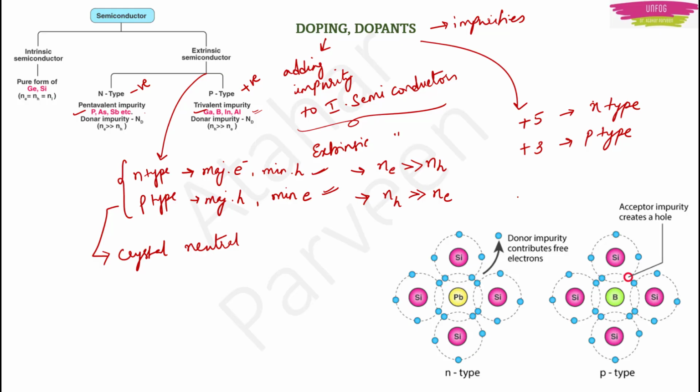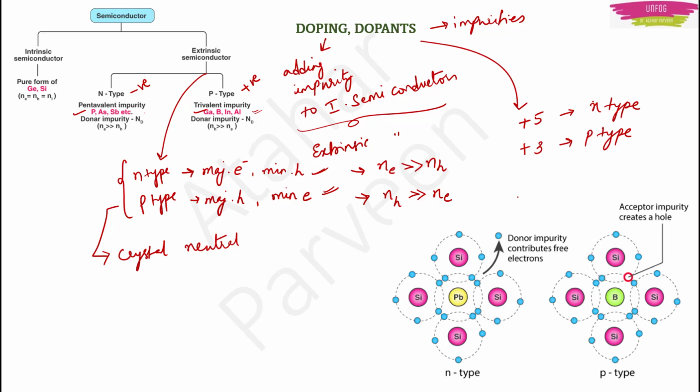Usually the donor impurities contribute free electrons, and acceptor impurities create holes. This you have to remember. Donor impurity means the electrons are given by the impurity. If there is a hole, then they are acceptor impurities.